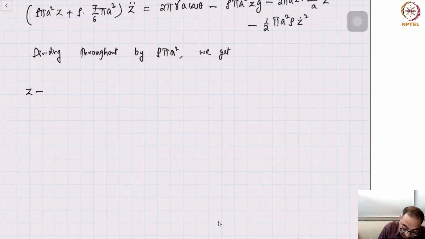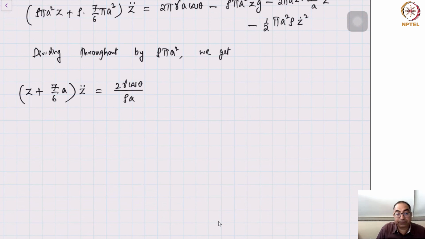Z plus 7 by 6A, this is Z double dot. This will be equal to 2 gamma cos theta by rho A minus GZ minus 8 mu Z dot by rho A square. Finally, I have Z dot square by 2.